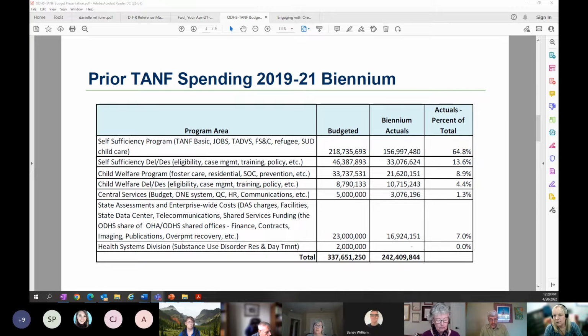That's also the cost of running the one eligibility system, for doing quality control, for funding our HR staff so we can hire staff, for communications. It's also facilities, our telecom. It's the cost that DAS charges us for overall running of state government.